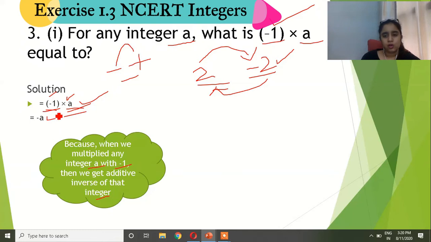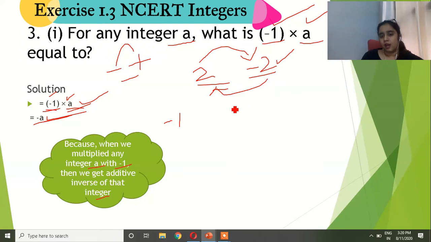Here you see that our question is a, and the answer we got is -a. So -a is the additive inverse of a. The formula to get the additive inverse of any number is to multiply that number by -1. Suppose in this question the additive inverse of 2 is -2.